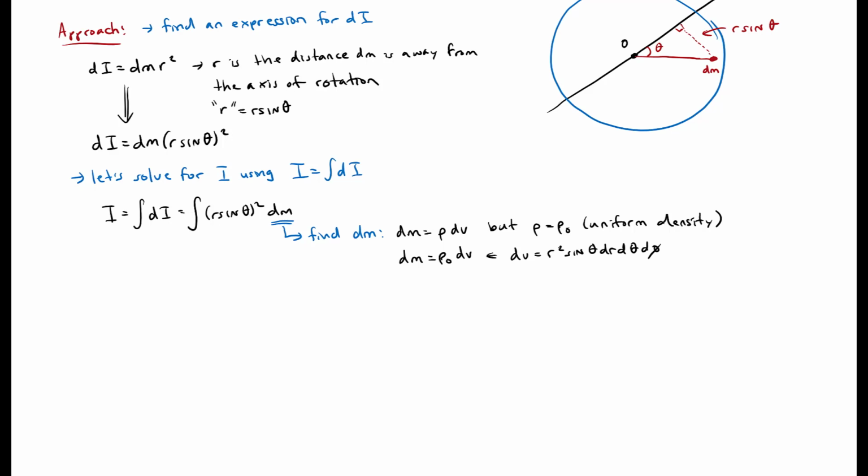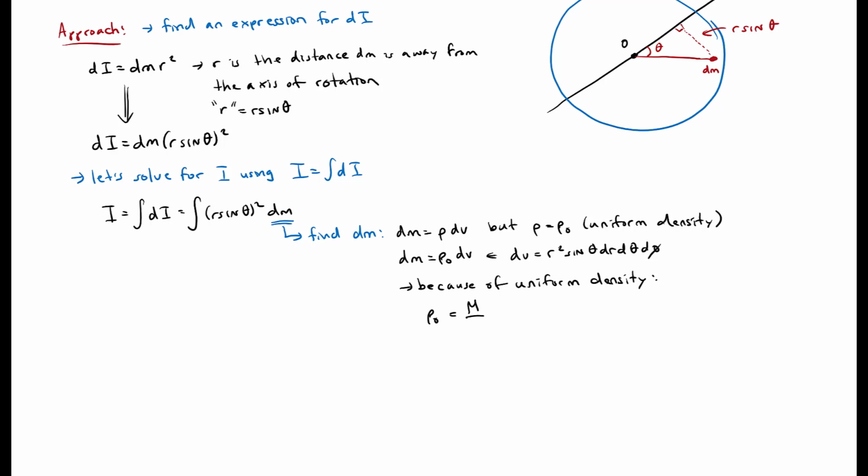We know that because of uniform density, rho naught is simply going to be the same everywhere, no matter what dm you're looking at.